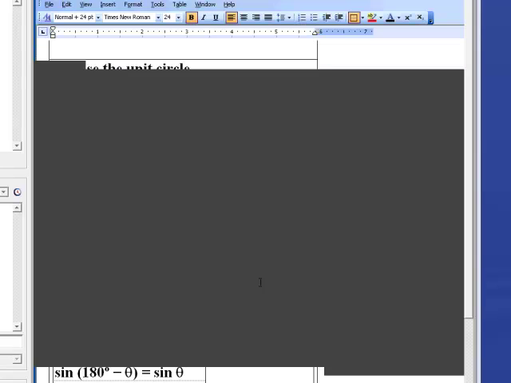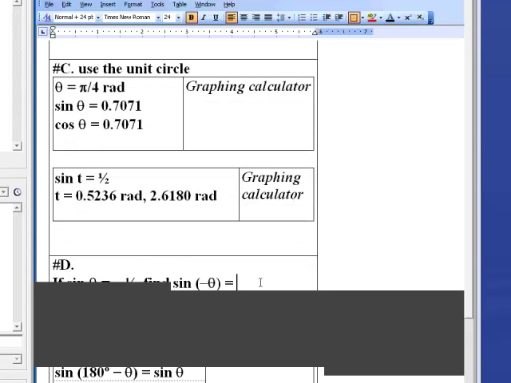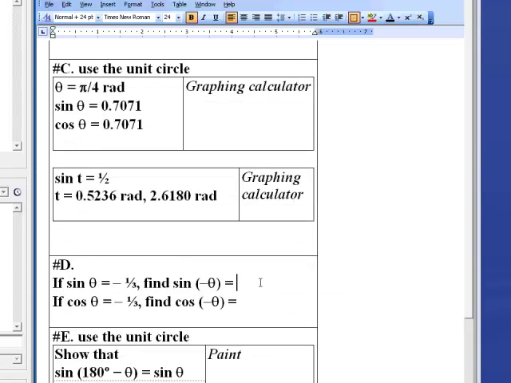Okay, the next exercise. I'm sorry, I'm on the wrong problem here. The next one says, if sine of theta equals -1/3, find sine of negative theta.